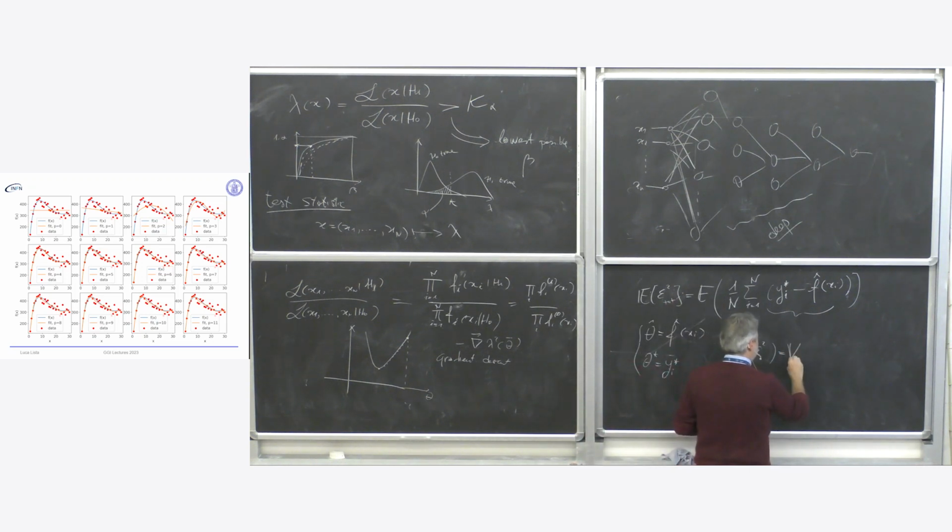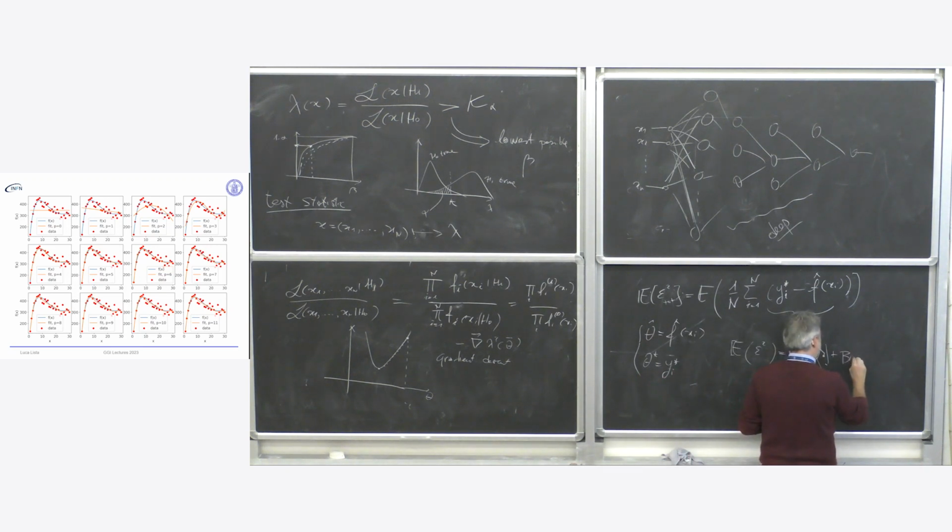We can take the variance of theta hat plus the bias squared of theta hat plus the variance of theta star.